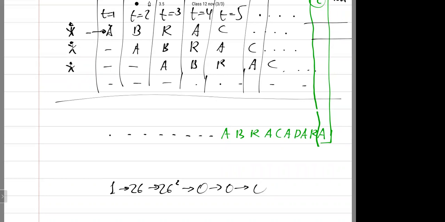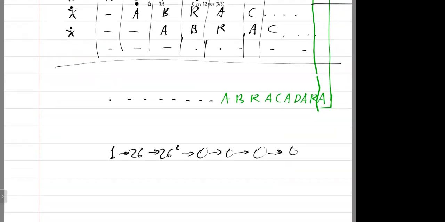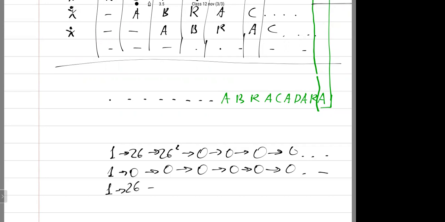Or maybe the fortune may evolve like 1, 0, 0, 0 if you are wrong starting from the first guess. Or maybe 1, 26, 0, 0, 0. So this is a typical evolution of fortune of our players. But if you are lucky enough, then you will have a lot of money in this game.